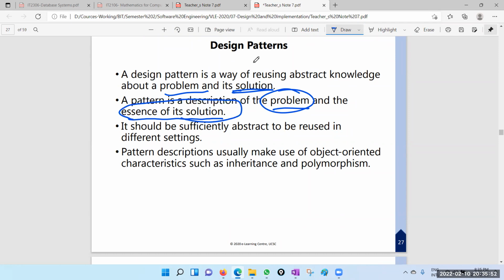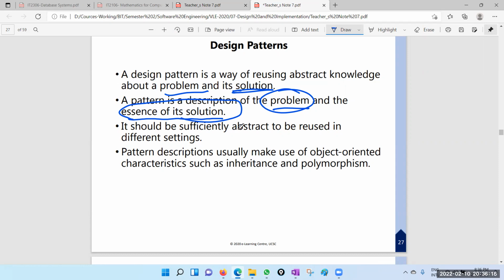Essence means, when you are making a cake, or maybe some drinks, you can add essence. So that is the essential thing, right? The minimum required thing. So document the essential or the minimal solution. Okay. So that is what a design pattern is all about.